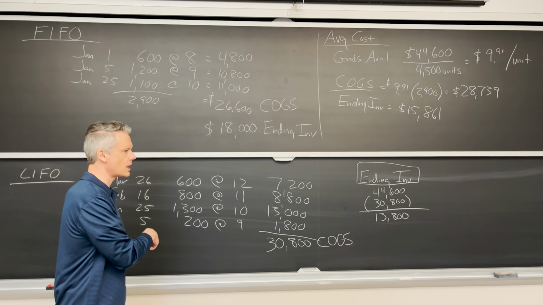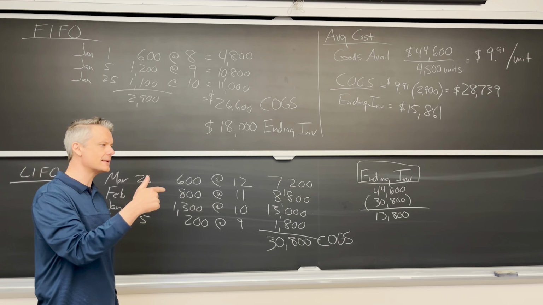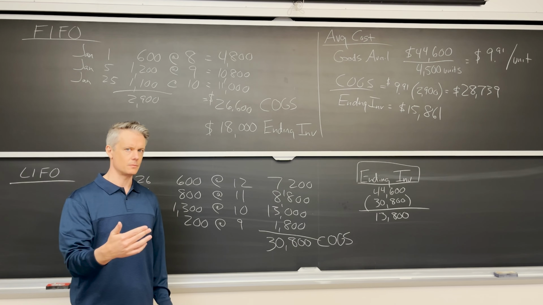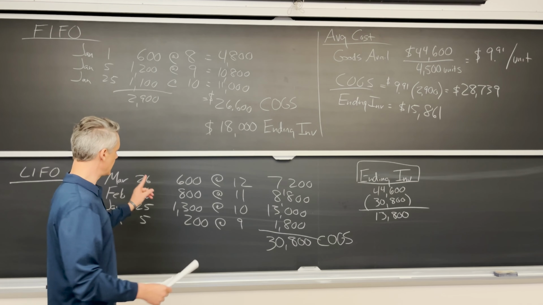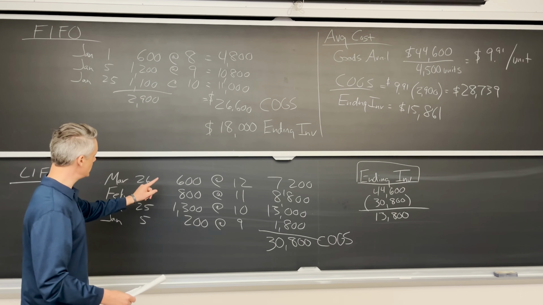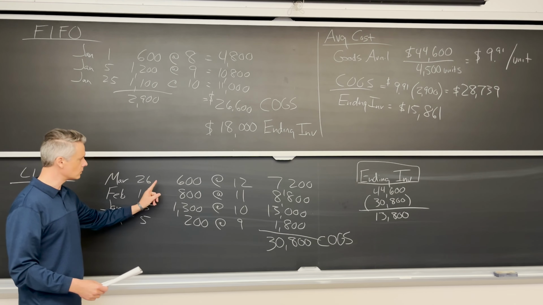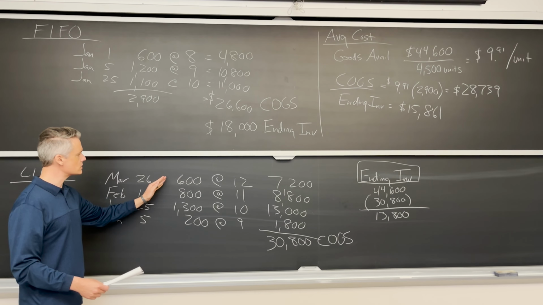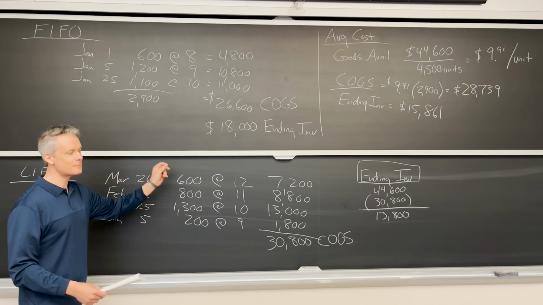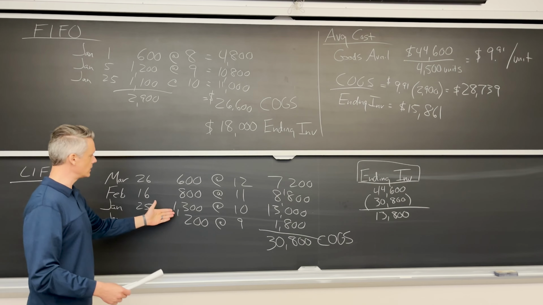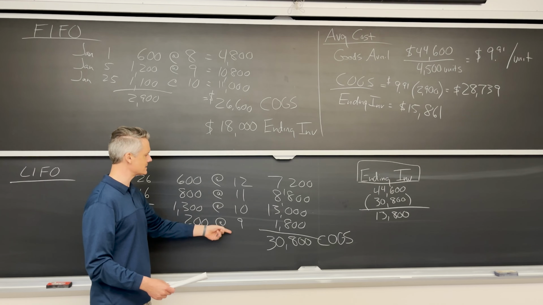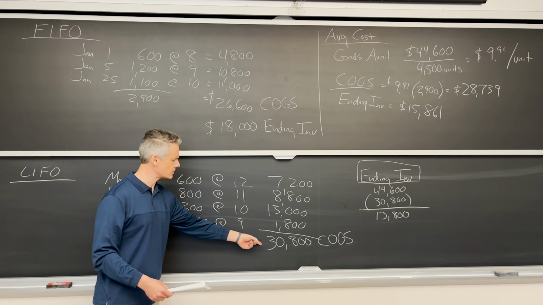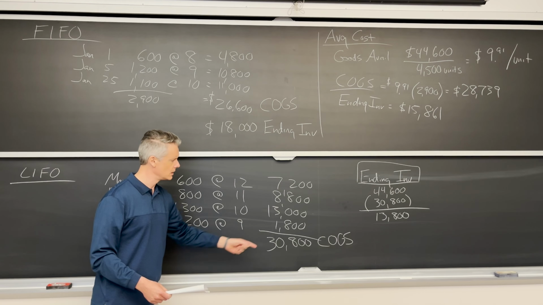How about the flip side? Which one is going to net the lowest gross margin or the lowest net income? Well, that's going to be LIFO, because we are assuming we're selling the newest, and which are the most expensive units first. So here, we're starting with this March 26th purchase, which was $12, and so on. This gives us a cost of goods sold of $30,000.